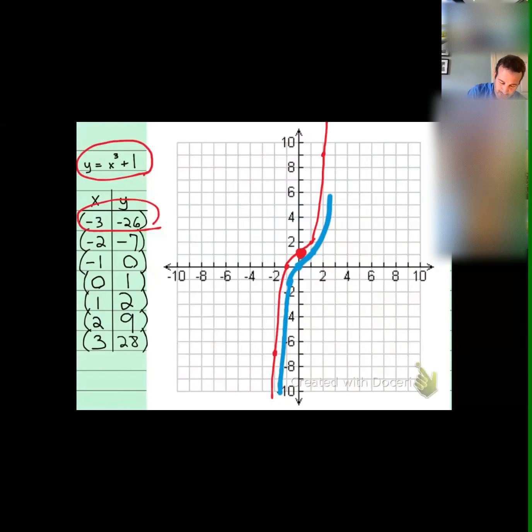This is what your graph would look like. The plus 1 is moving it up 1. After we learn how to plot these points and get good at graphing without having to plot the points, you could just look at this equation and be able to graph it without plugging in points, or get an idea of what the shape looks like.